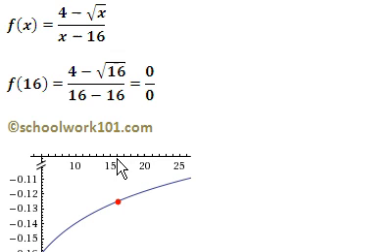And if I went to the left of 16, like 15.99, and plugged that in, we would also get some number out, and that number would be fairly close to whatever 16.1 gave.